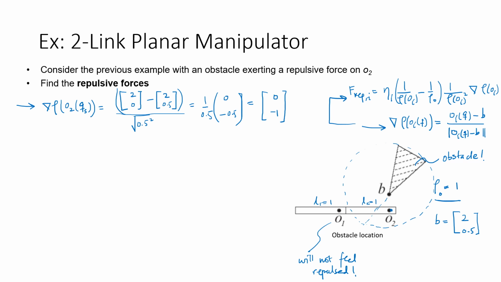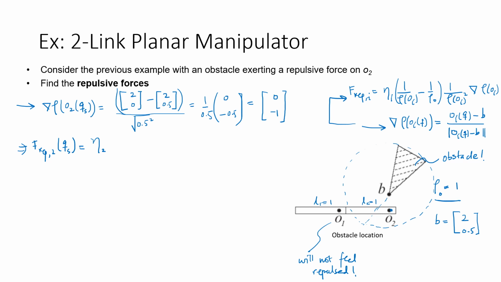And once you have computed that, you can obviously put this value in the F repulsive expression that you have written down over here. So let's quickly do that. This would mean that F repulsive on joint number 2 at the starting configuration is going to be equal to eta 2, and for the zeta and eta, this is going to give the user or the programmer the tools to adjust the values, obviously.